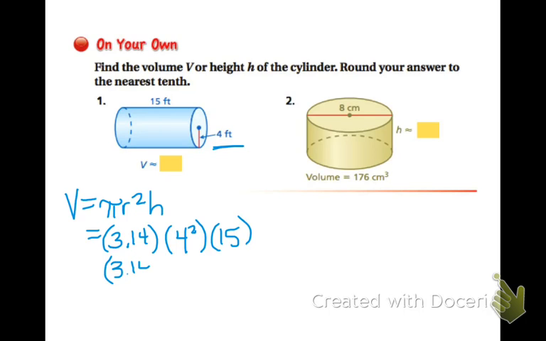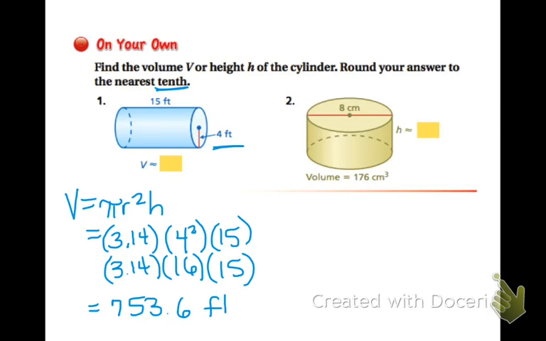So 3.14 times 16 times 15. And when you multiply that out, and it does say round to the nearest tenth, you would get 753.6 feet cubed. So it is okay to bring in the unit label at the end, but do not forget it.